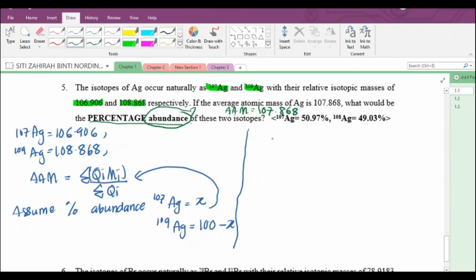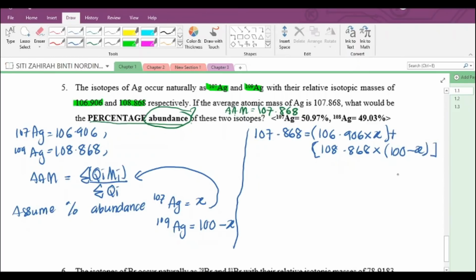The average atomic mass is given already, 107.868 equals 109.906 times X plus 108.868 times 100 minus X.